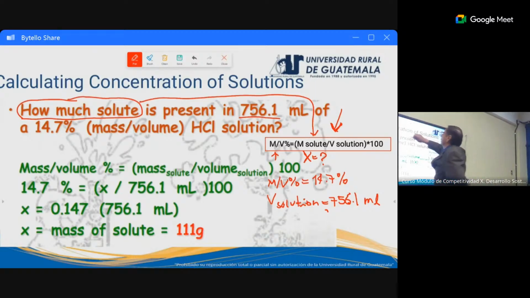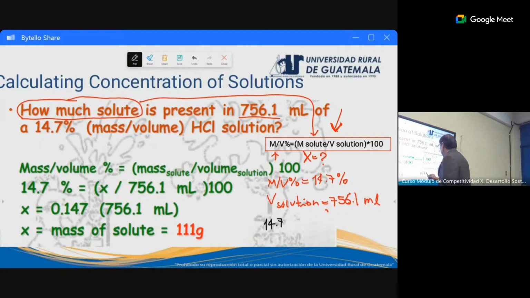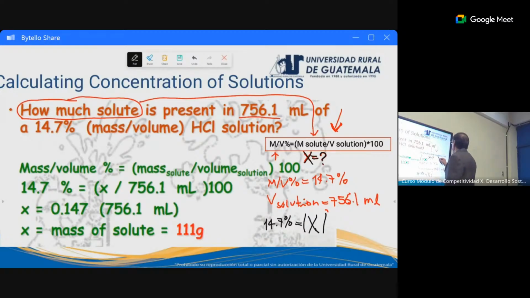So we're going to say that 14.7% will be equal to the solute, but we don't know who this one is, so we're going to write down x, divided by the volume of solution, that is this quantity here, 756.1 milliliters.